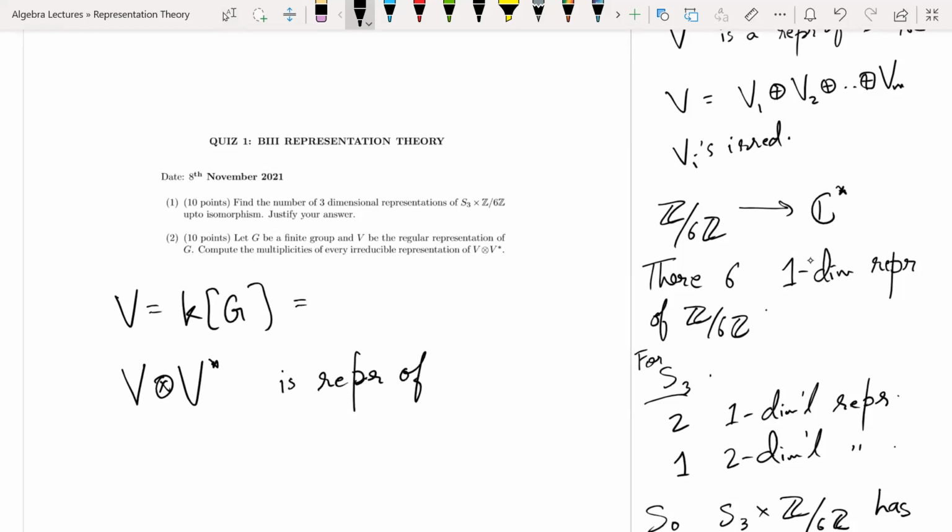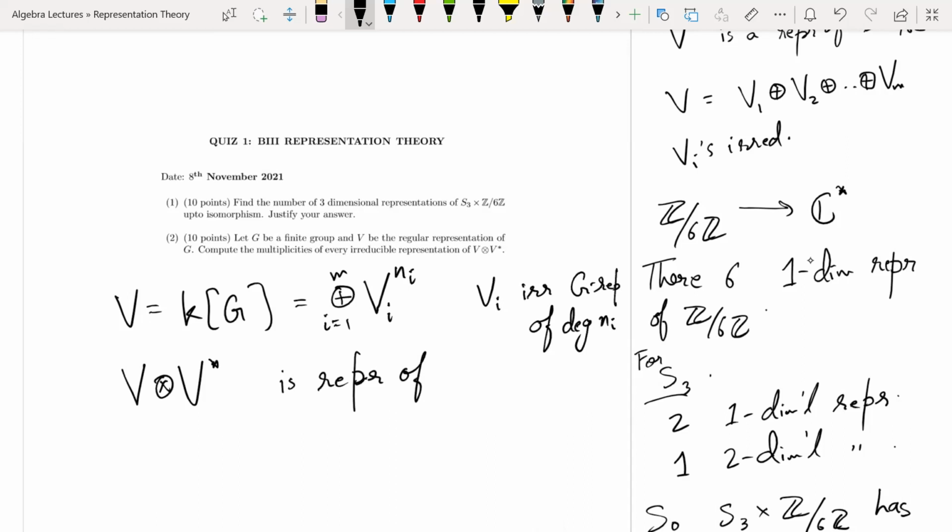So you can maybe write it as the direct sum of Vi to the power Ni, i equals 1 to m, where Vi is an irreducible representation of degree Ni. Degree means the dimension of Vi.